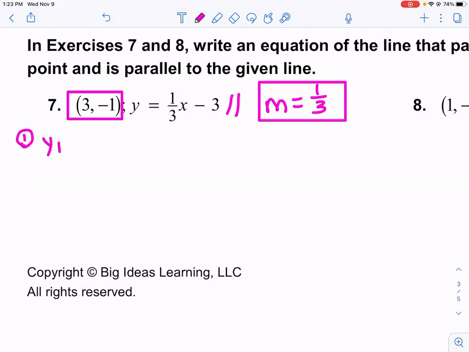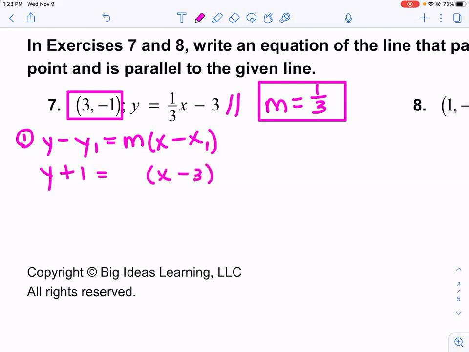You have point slope form, where we can punch in our coordinate and our slope. Okay, now what?